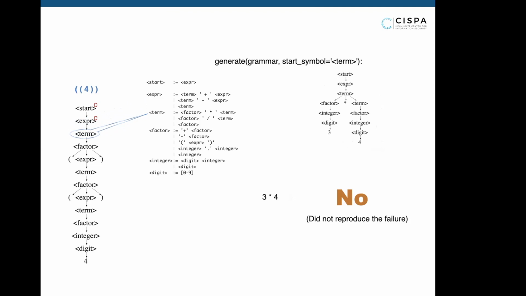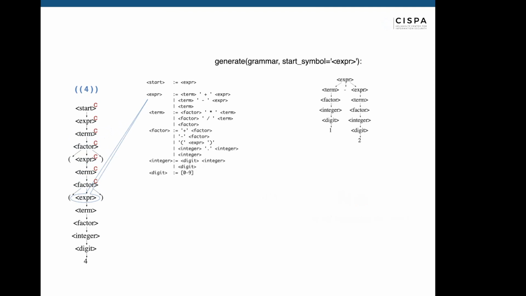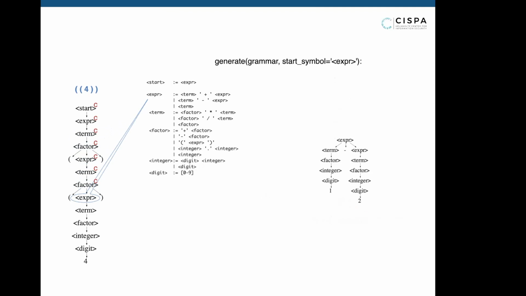And we do the same thing for the rest of the nodes, one at a time, until we come to the last expression node, and we generate another expression that is 1 minus 2 and then attach it to the tree. The string that is actually produced by attaching it to the tree is 1 minus 2 double nested, and that can actually reproduce the failure.